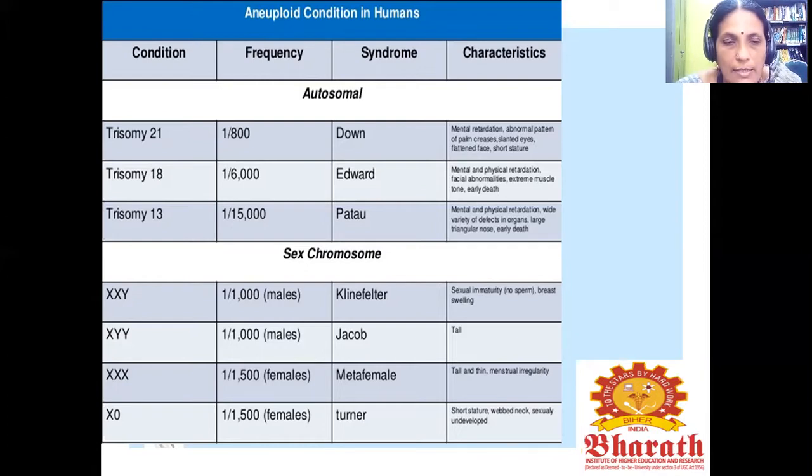The condition XXX, present in 1 in 1500 females, is the metafemale syndrome, characterized by tall and thin build and menstrual irregularity. The condition X0, with a frequency of 1 in 1500 females, produces Turner syndrome, with short stature, webbed neck, and sexual underdevelopment.